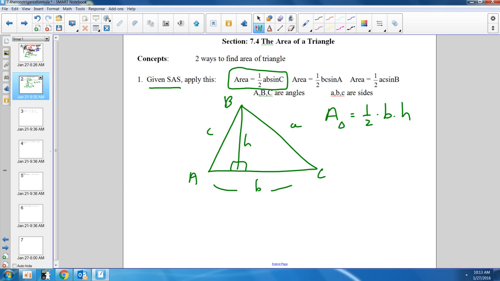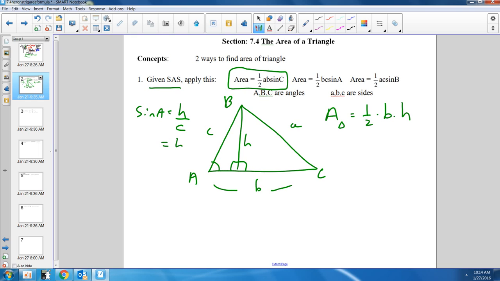However, we can also find out what this is if I don't have a height. So I want to use the sine ratio here to figure out the formula involving the height. I'm going to say the sine of A is equal to h over c, opposite over hypotenuse.